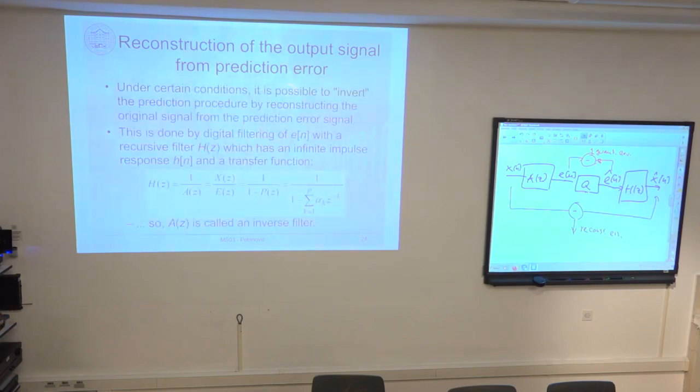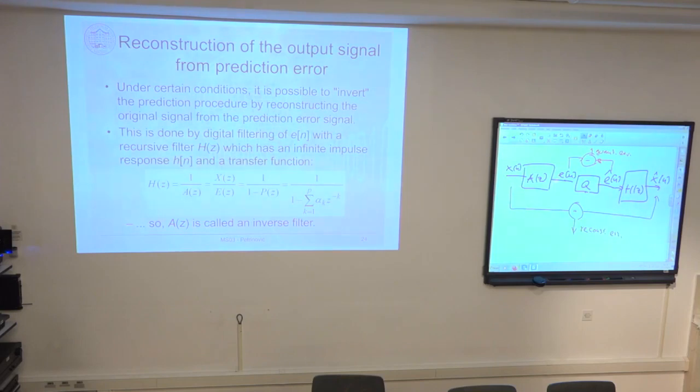So, is it really possible to do this inversion? Is it really possible to do this reconstruction? What are the conditions that must be met such that this reconstruction is possible? Again, without going into details, because to understand them you really need to understand the basics of signals and systems.